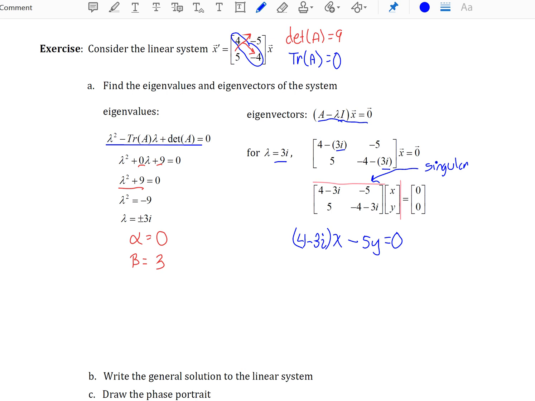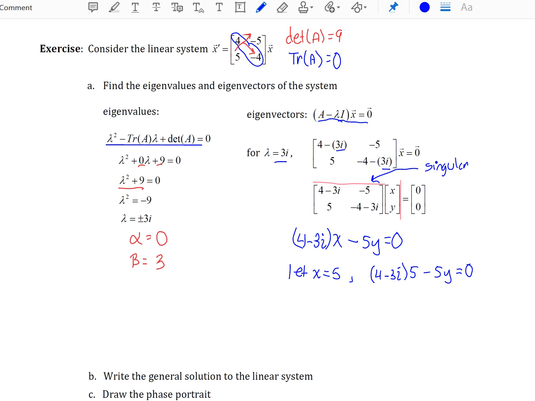Now we get to choose a value for x or y, and it doesn't matter what you pick, but I would like to pick x is equal to 5 in this example. Because if x is equal to 5, then we're going to get 4 minus 3i times 5 minus 5y is equal to 0.